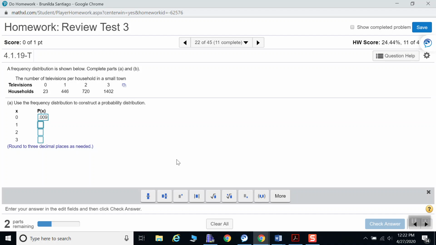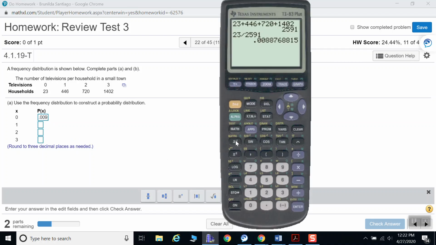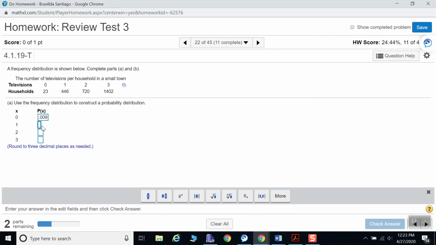The next one, the probability of getting a 1. I know my denominator is 2591. So having 1 TV will be 446 divided by 2591, and that is 0.172.